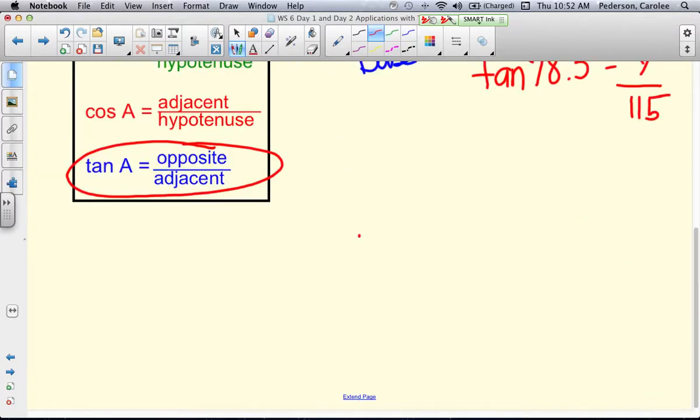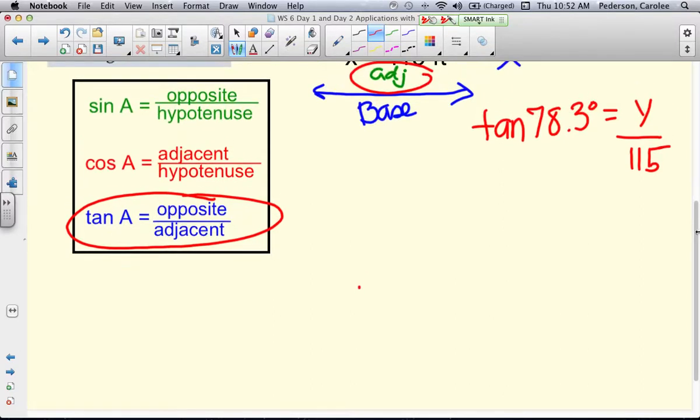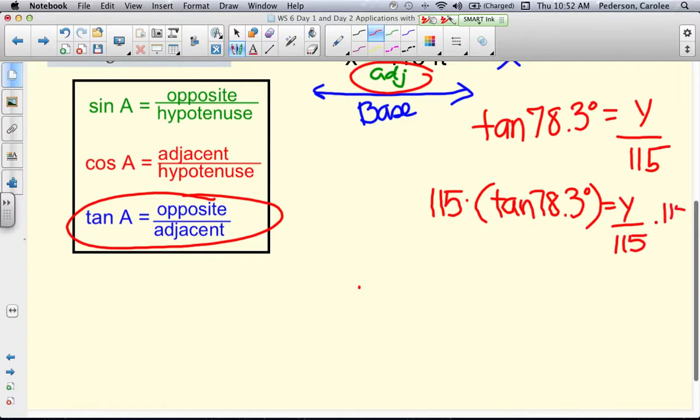So we want to get the y by itself. So what we might want to start with is multiply both sides by 115 to remove that denominator. So 115 to both sides. And what happens is, on the right side, the 115s cancel out.